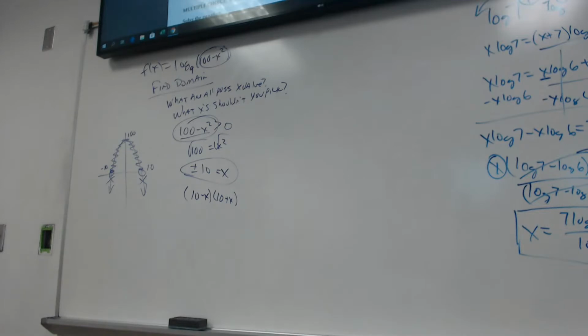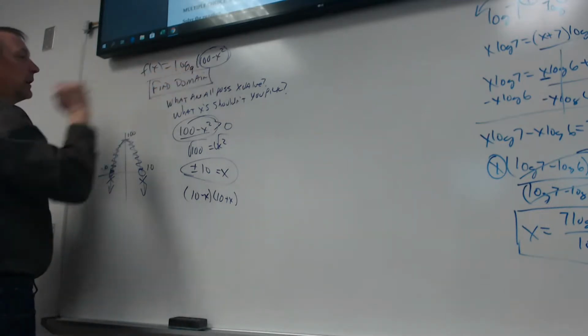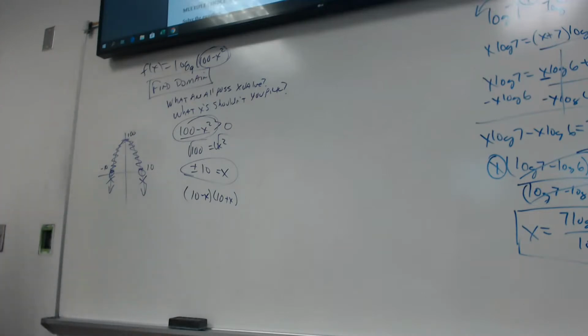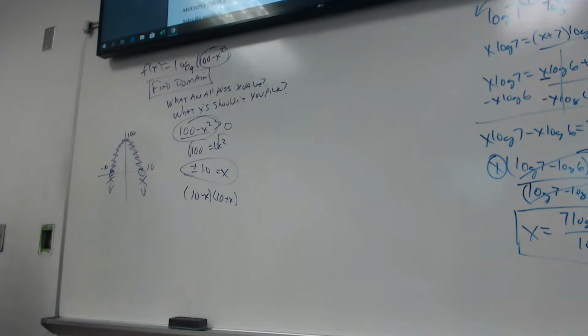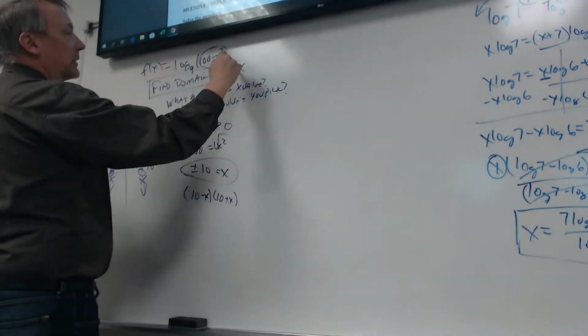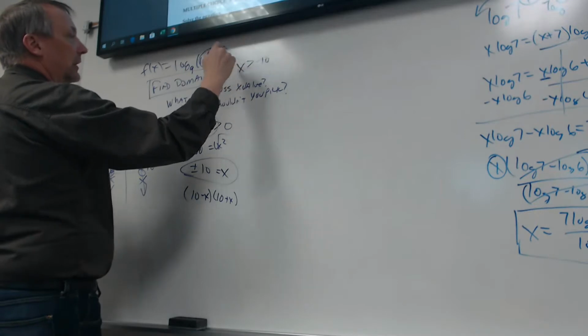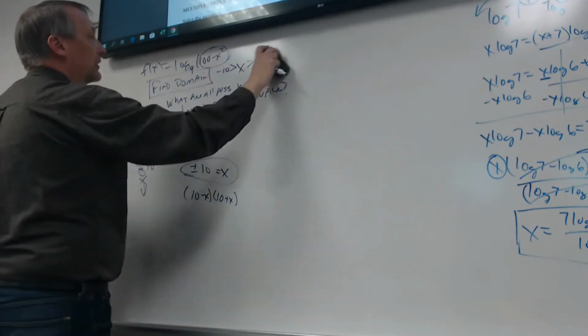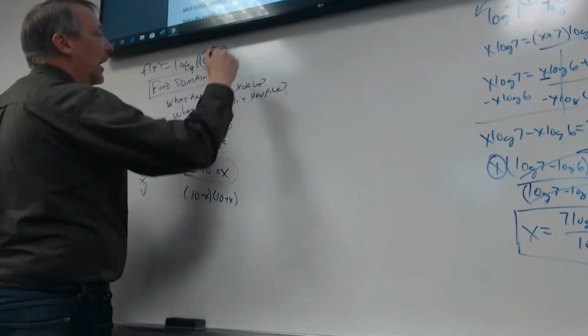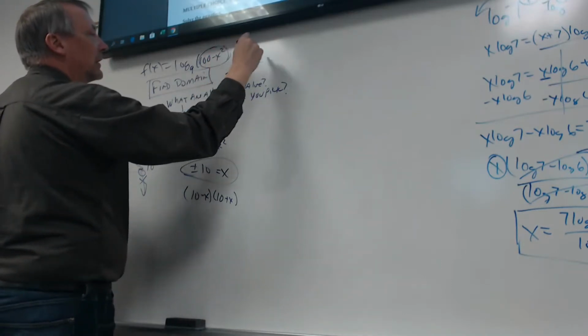Okay? So, let's go back to here, find the domain. What are all of the possible x values that make what's in parentheses positive? X is greater than negative 10 and less than 10. I wrote that backwards. X is between negative 10 and 10.